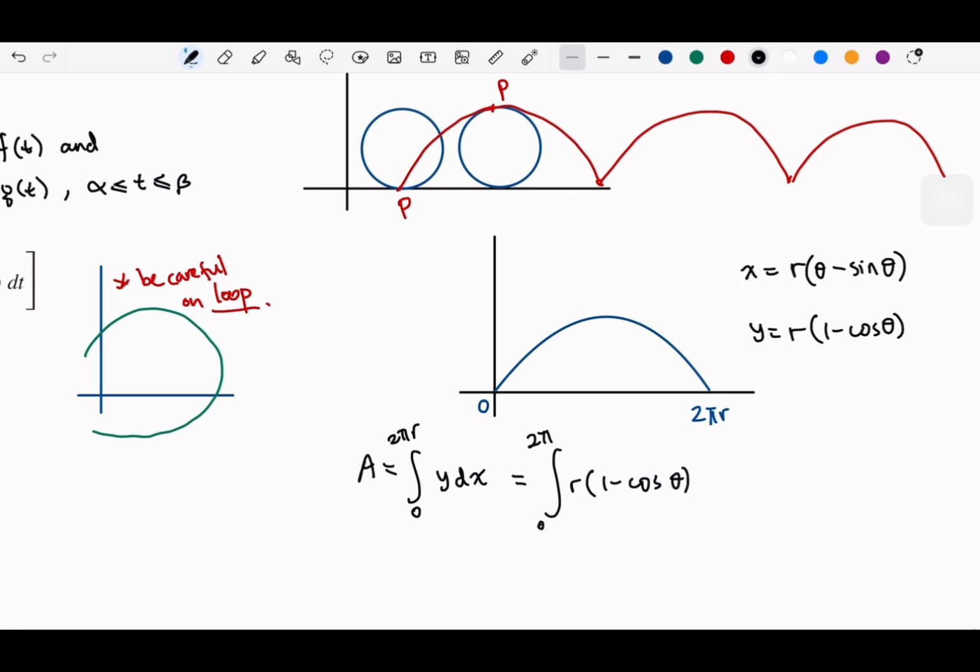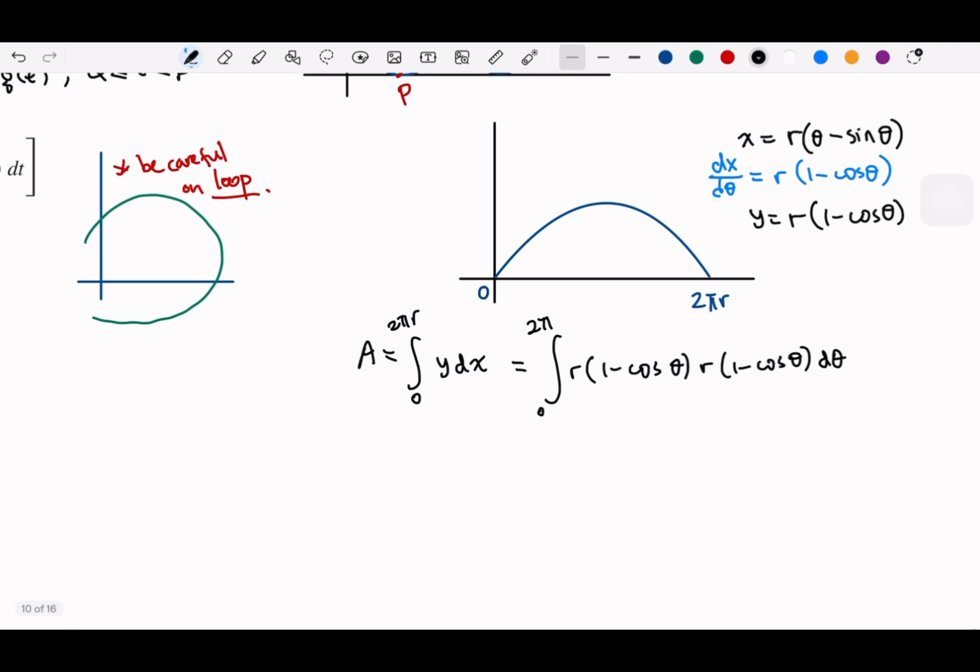And then dx d theta is r times 1 minus cosine theta, right? r is just a constant here. So this will be r, and this is practically the same thing, and then d theta.